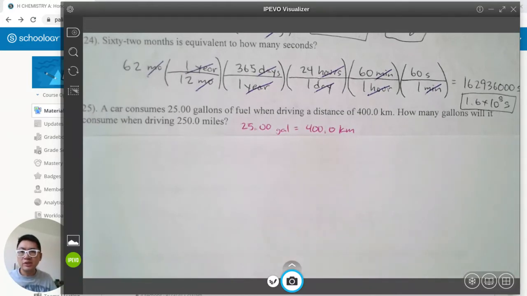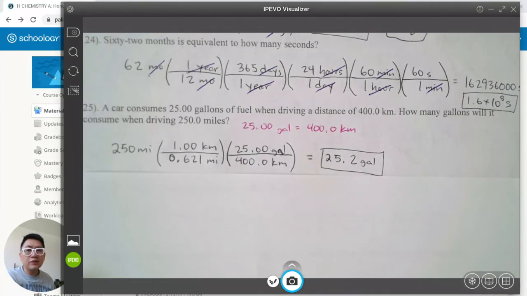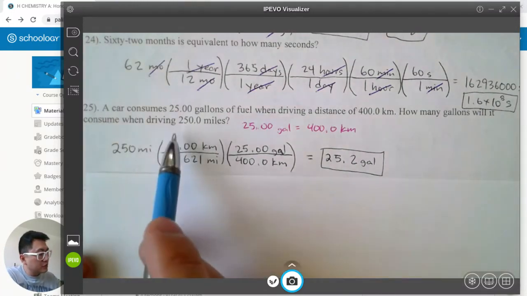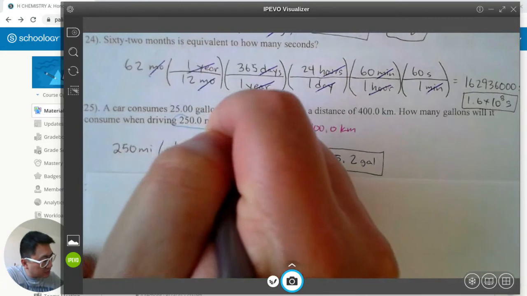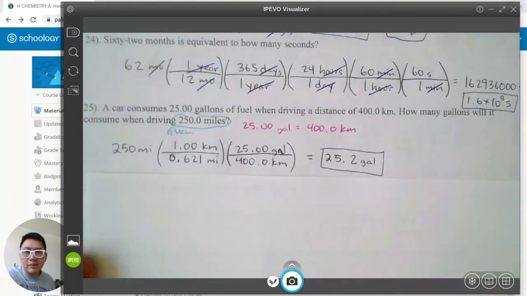So question number 25, the answer is 25.2 gallons. So given 250 miles, this is my given. I always start with the given. And I know miles to kilometers on the front page of the conversion factors sheet.